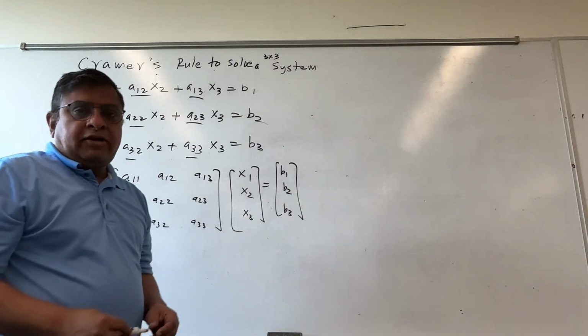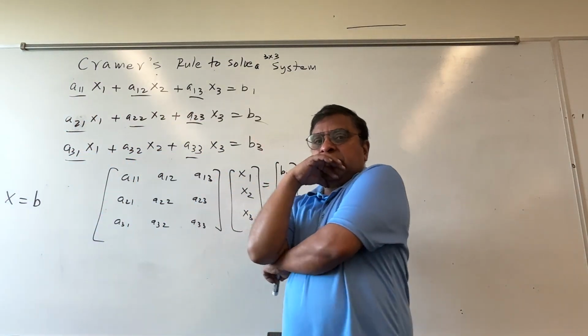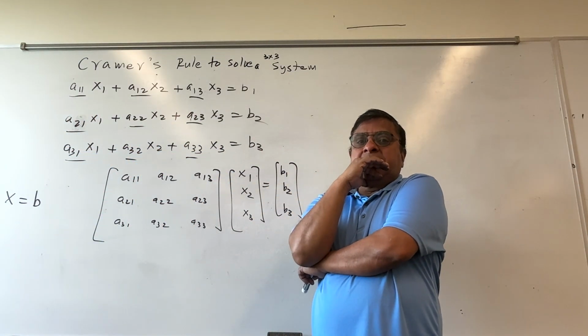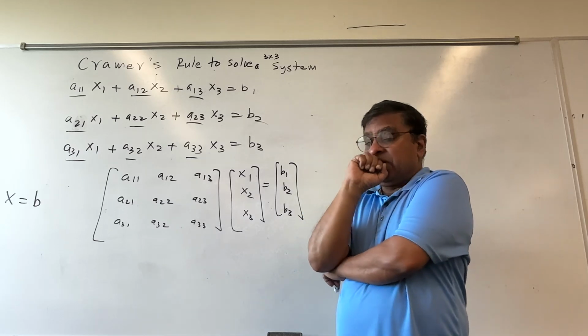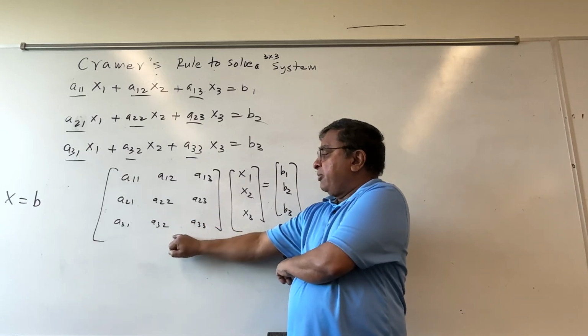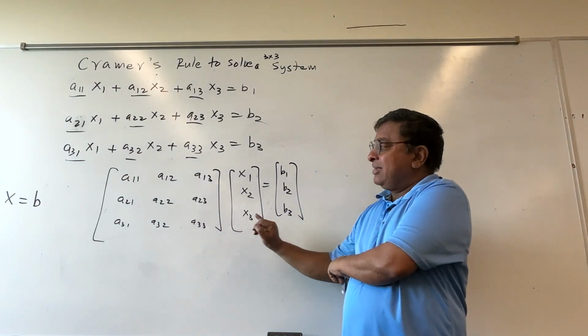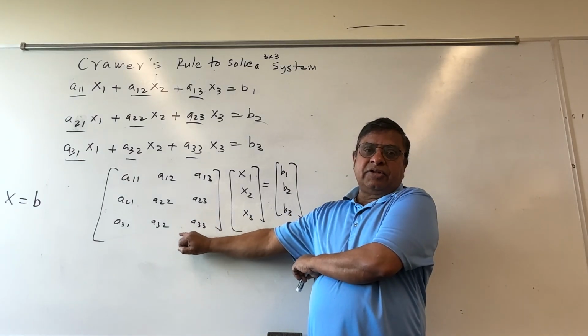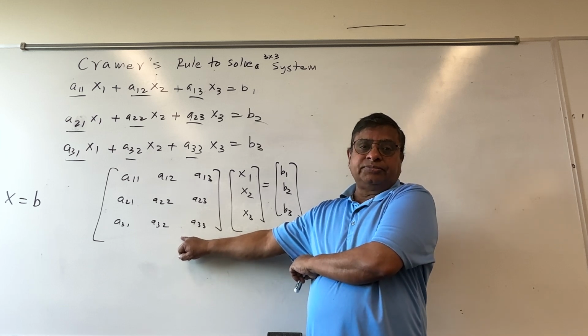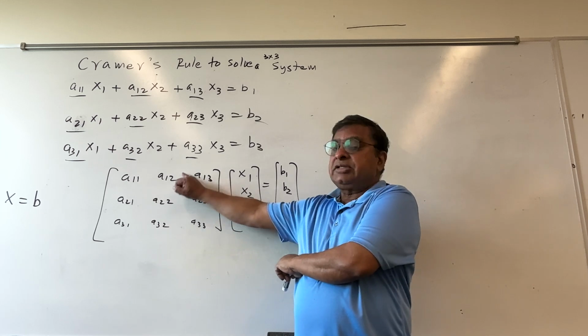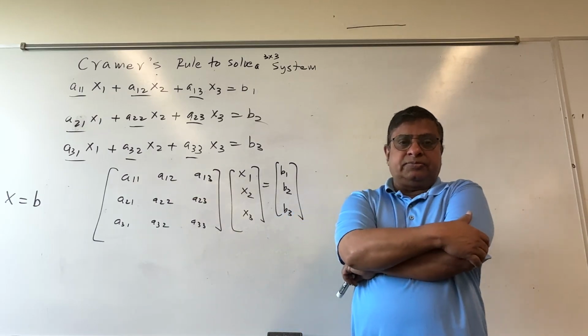Now I want to quickly review how you could apply Cramer's rule. I talked about this in the last class, but I want to review this. You could apply Cramer's rule as long as the determinant of this coefficient matrix is non-zero. In other words, this coefficient matrix should be invertible.